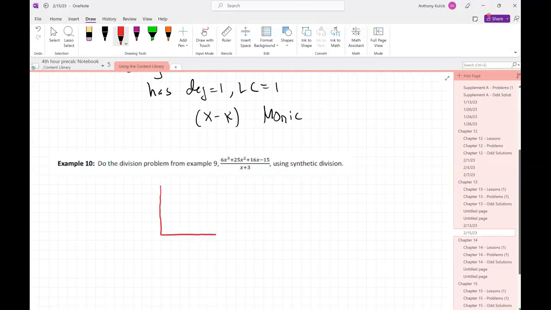So I'm going to start by drawing in my synthetic division bar. What number is going to go out here? I'm going to take my divisor, set it equal to 0, and solve.